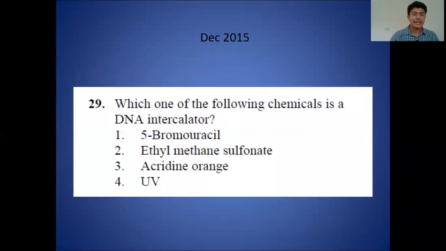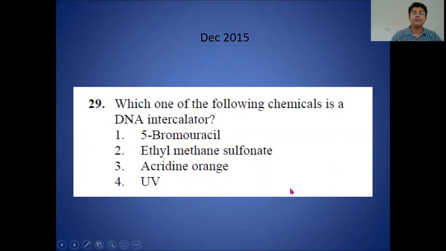So let us have a look at the questions. Which one of the following chemicals is a DNA intercalator? 5-bromouracil, ethyl methane sulfonate, acridine orange, or UV. Now you can see all these are mutagens, but what is asked, which one of these is an intercalator molecule?